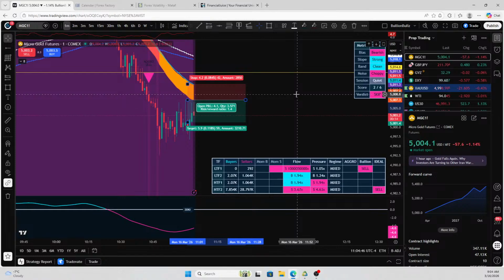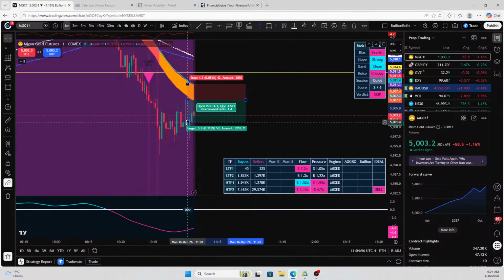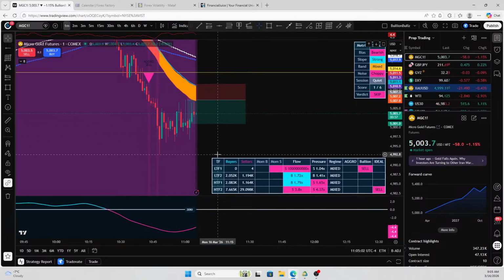Let's see, guys. I do want to see price touching the band, and then reverse from that point and give me a minimum 1 is to 1.5. That's all I'm looking for. I'm not going to be tracking this trade. It's just a demo trade. We're going to see if price goes to the band, touches the band, and then reverses from there.